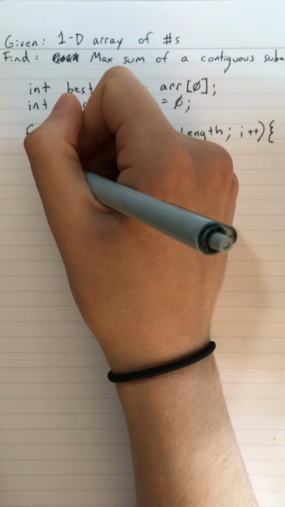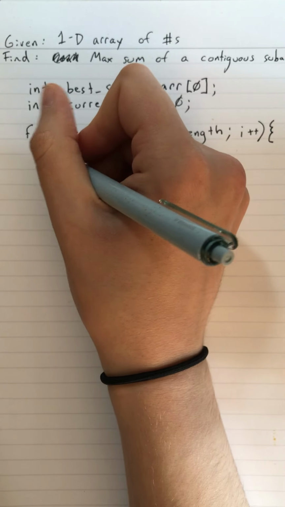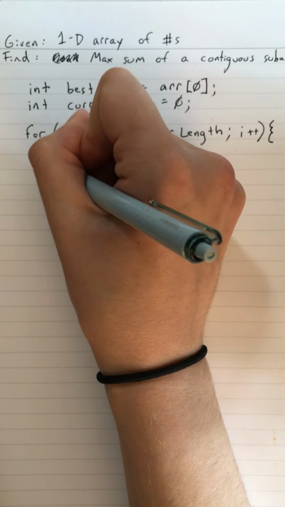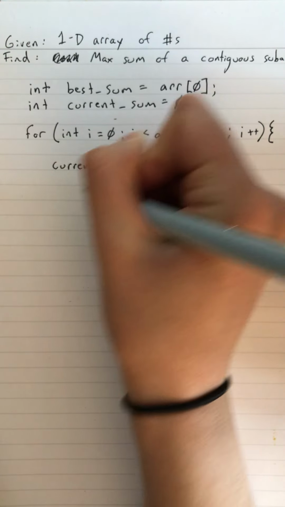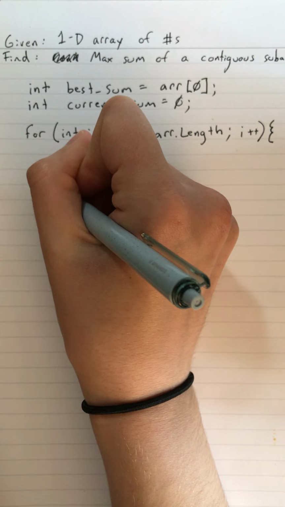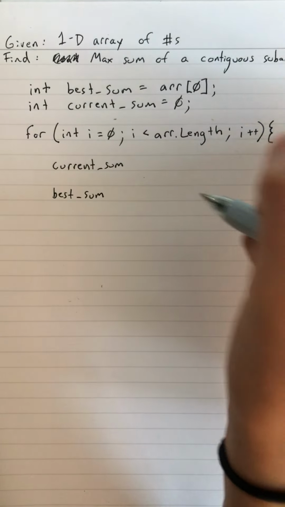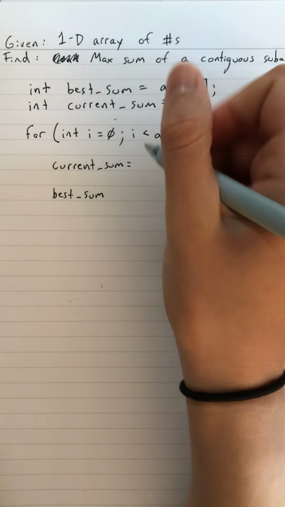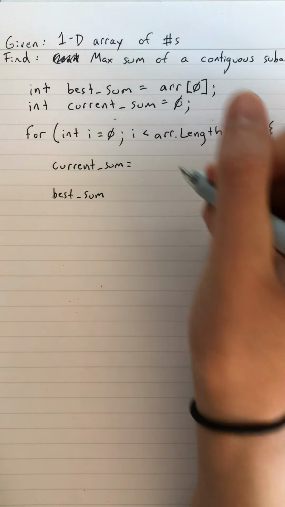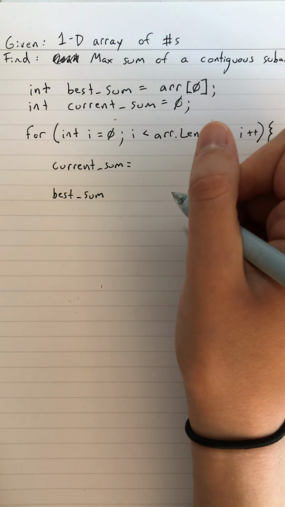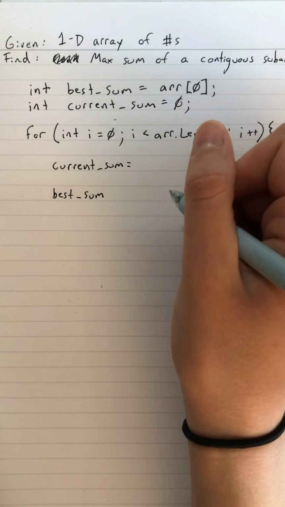Now, in this for loop, what we're going to do is assign values to current sum and best sum. The value we'll assign to current sum is the max between the ith element in the array and the current sum added to that element.